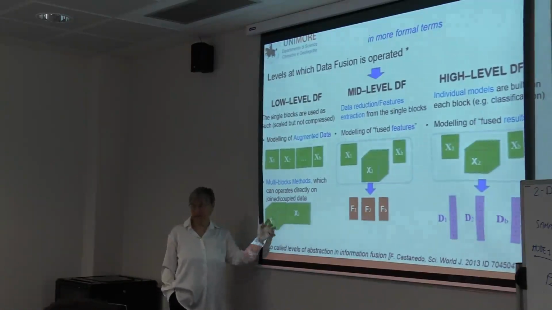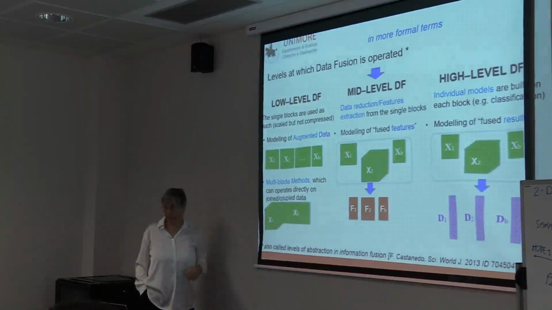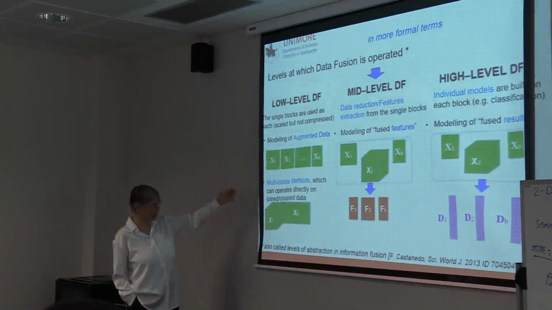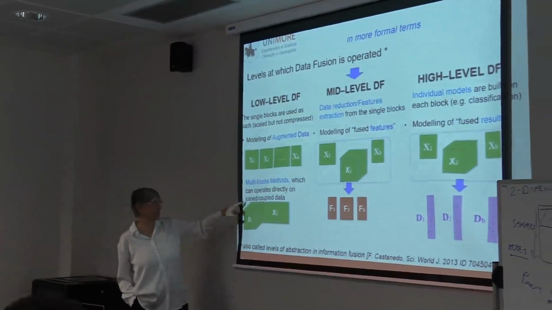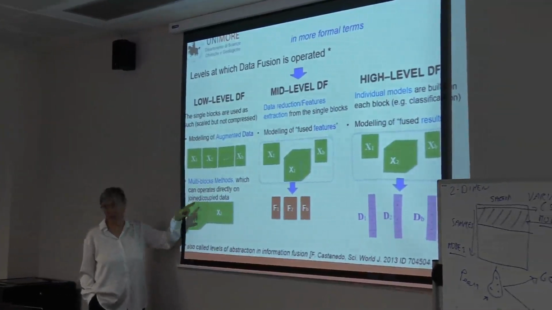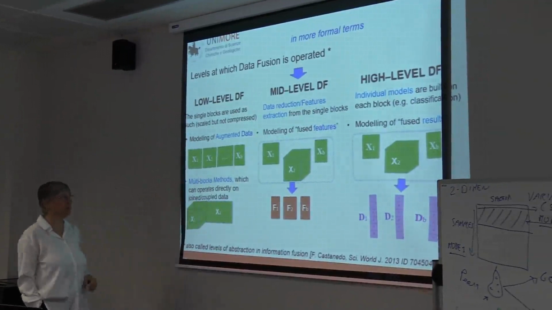So also in this case, we can do low-level data fusion, and we will mention some ways, and in this case, we call it joint coupled data, and the methods are a bit more complicated.